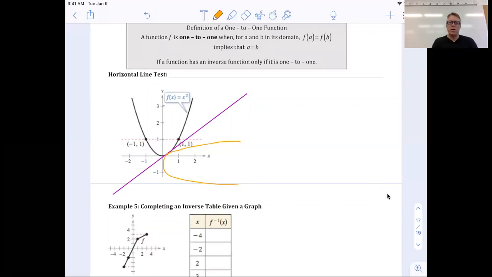So what the horizontal line test does is it tells us if a function is one-to-one. Basically it tells us that if you have a function and it's not one-to-one, then its inverse will not be a function.